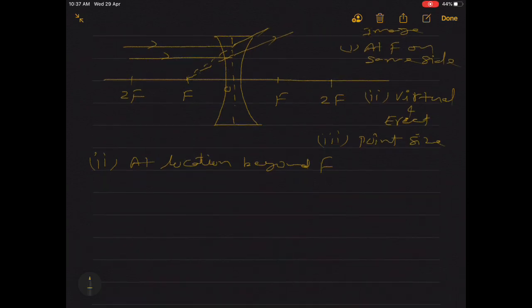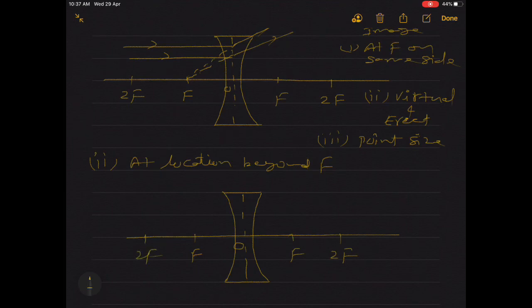In all those cases, the image will be formed between f and o. So you can take the object anywhere beyond f.